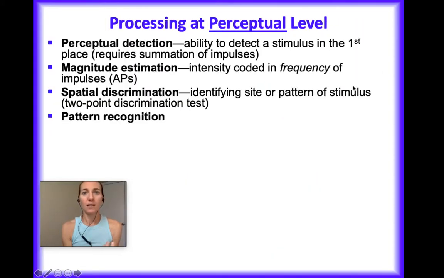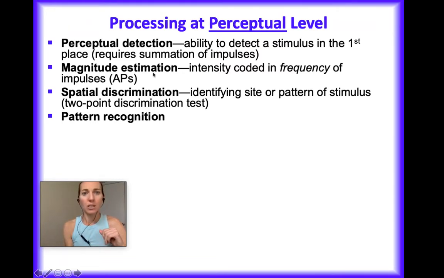So with processing at the perceptual level, there are different ways of categorizing how our cortex is able to do this. First of all, perceptual detection is simply the ability to detect a stimulus in the first place. And we're typically going to see summation here where you're having multiple neurons communicate information.